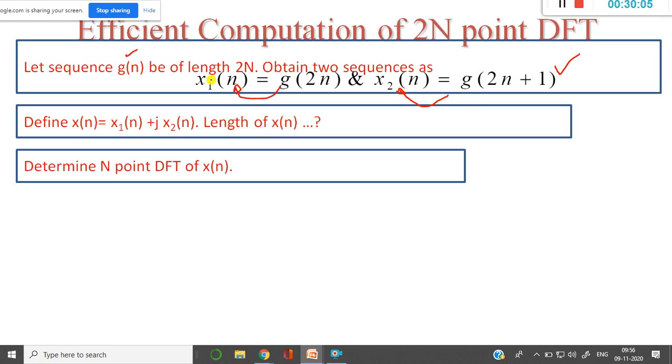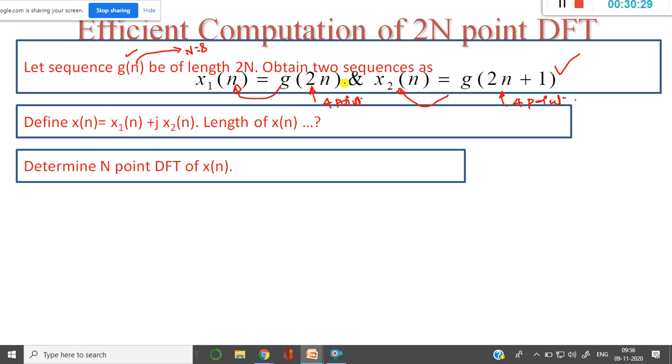Right? So observe carefully, if it is an 8-point sequence, and I divide it into even and odd sequences, x1 of n is a 4-point sequence. And x2 of n is also a 4-point sequence.